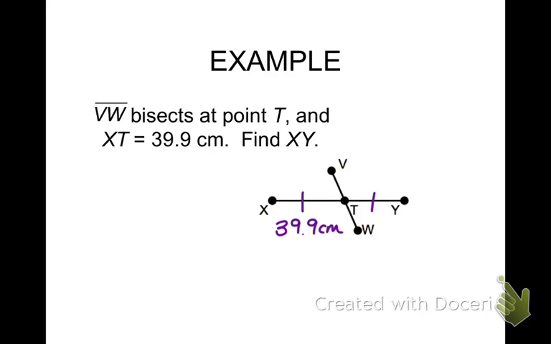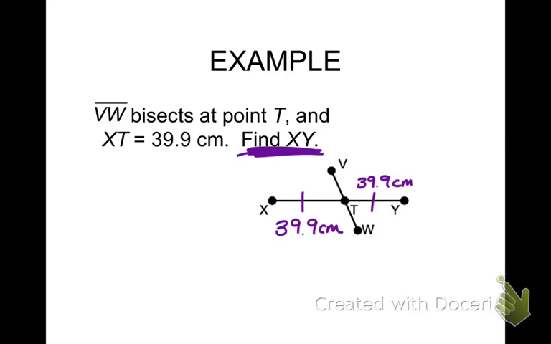What does it mean to have congruent segments? They're the same. So what would be the length from T to Y? The same, 39.9 centimeters. So now what's the problem asking us to find? X to Y. So it's 39.9 plus 39.9.